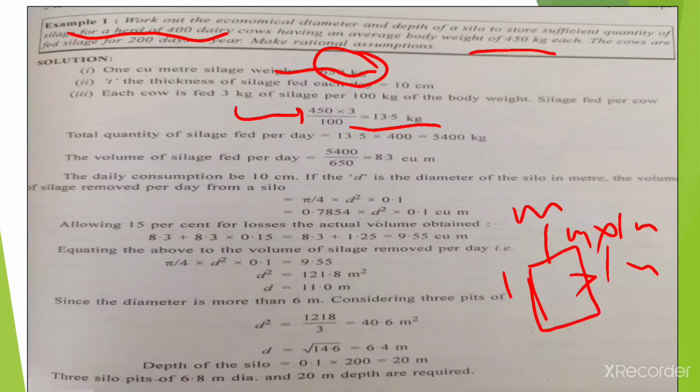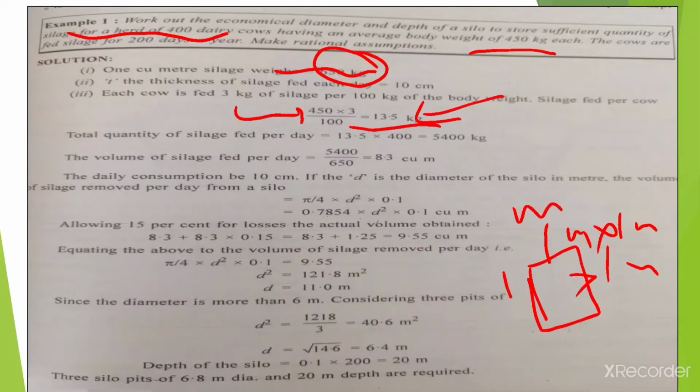Now the total quantity of silage fed per day. The total number of cows here is 400, and 13.5 kg is the quantity of silage fed for one cow. So 13.5 into 400 is equal to 5400 kg.